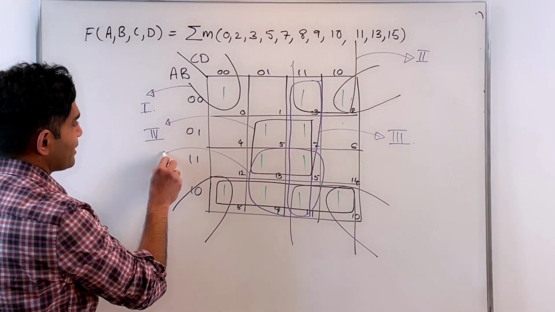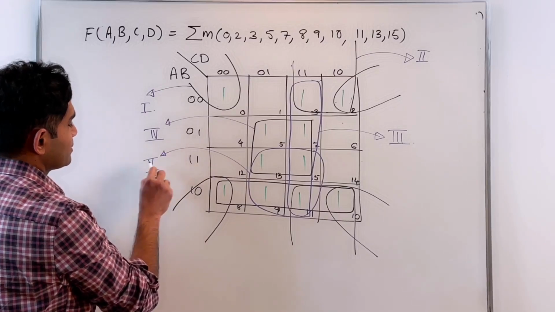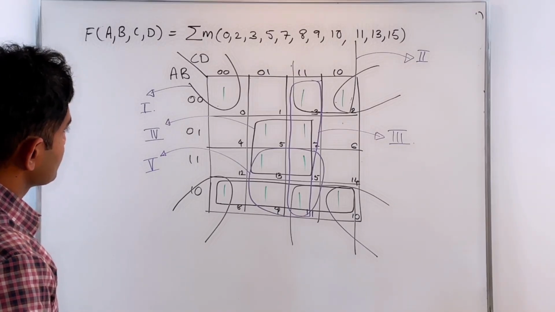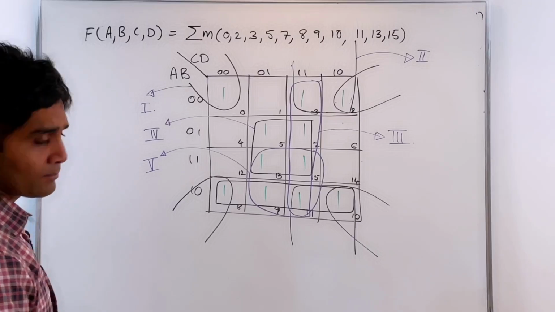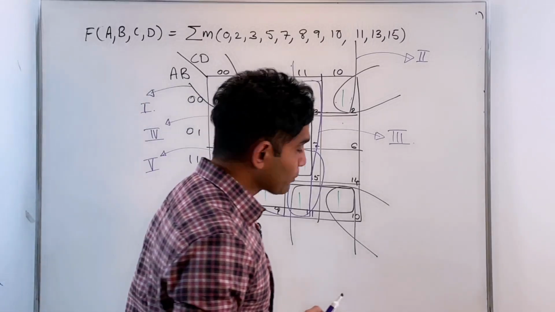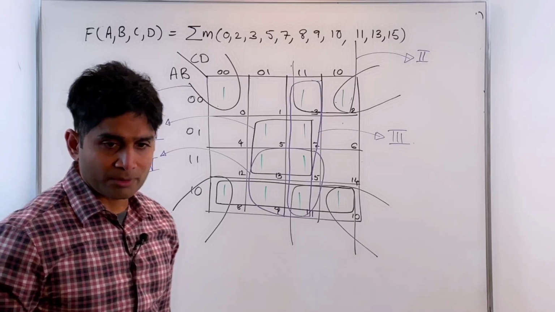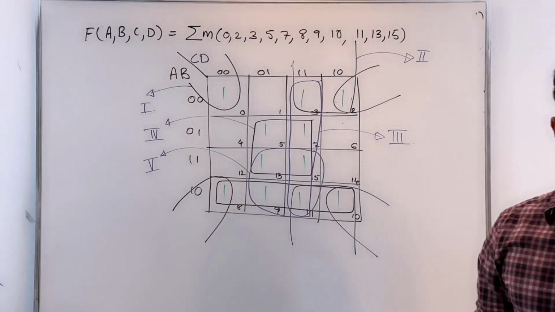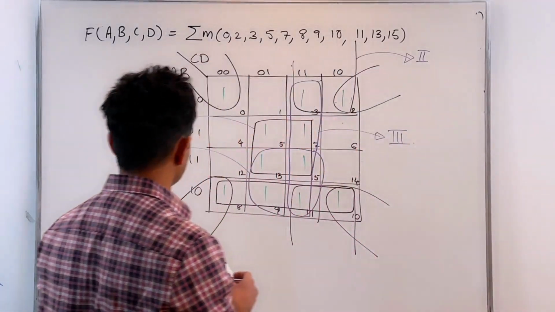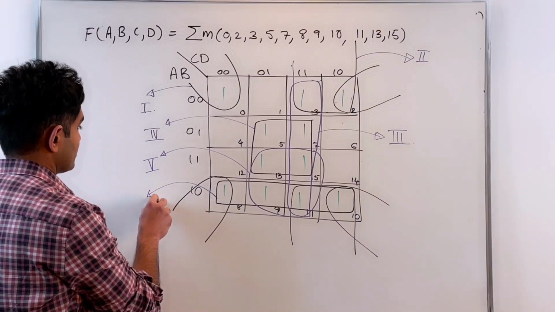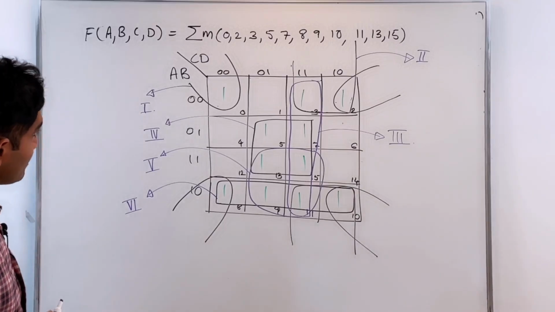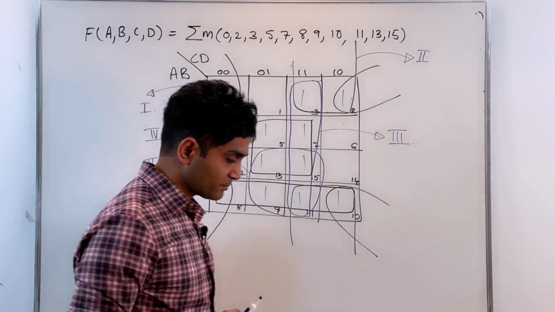Let me call this 5. And that's it, right? Looks like, yeah. The bottom, okay. Oh, yes, that's correct. And I have 6. Okay, so I have 6 prime implicants.